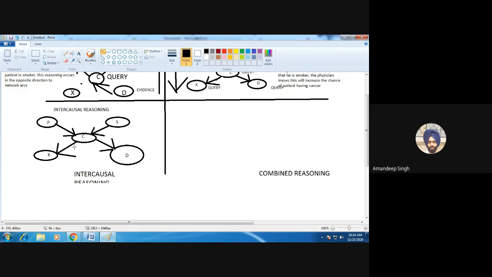That is, the alternative reason might be the pollution, which might come into the picture. But once you get this kind of evidence, that the patient is a smoker, you are basically moving away from the other alternative that is possible in that given scenario.